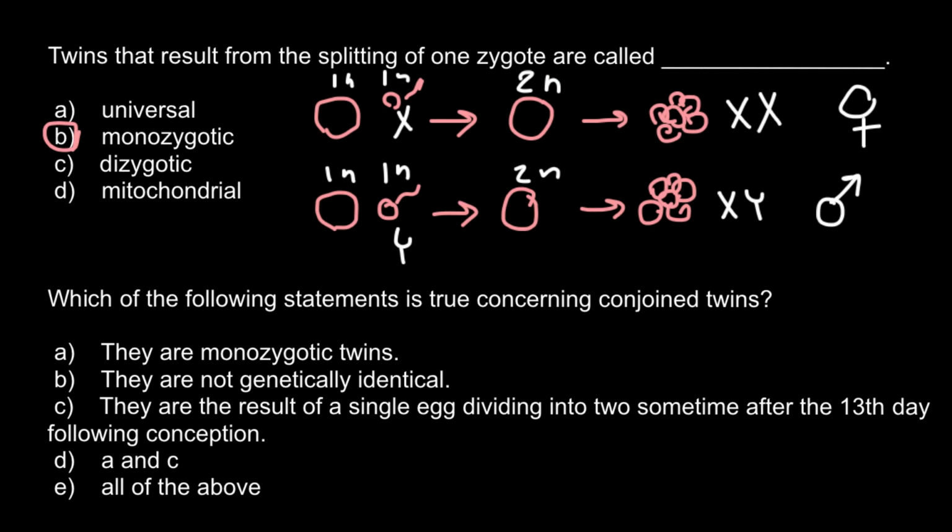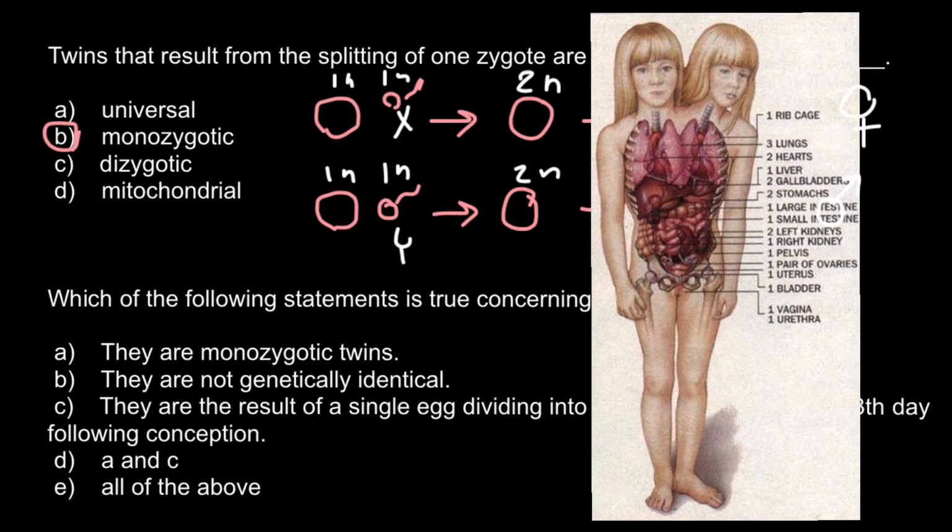And next question: which of the following statements is true concerning conjoined twins? And here is a picture that explains what conjoined twins are, or we also call them Siamese twins.